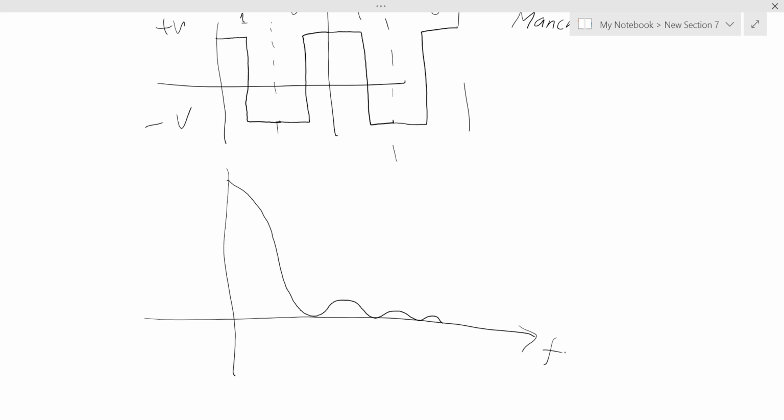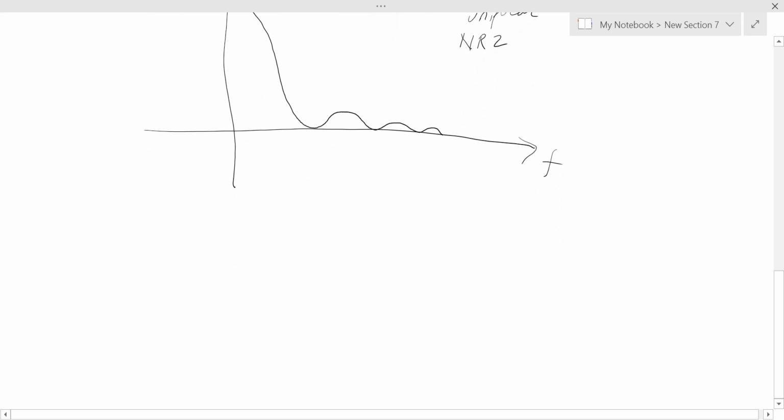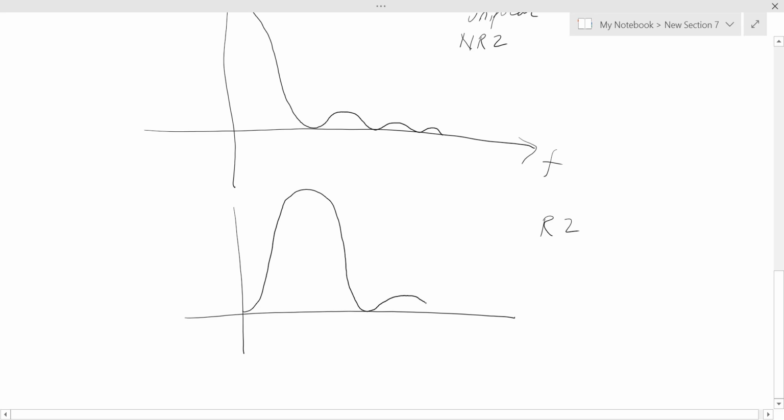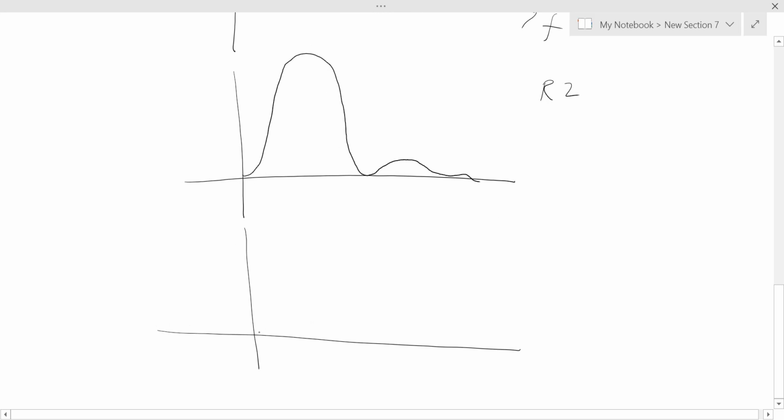This is unipolar non-return to zero, NRZ. Now let me plot unipolar return to zero. That will have something like this. And finally, Manchester line codes have a power spectral density something like this.